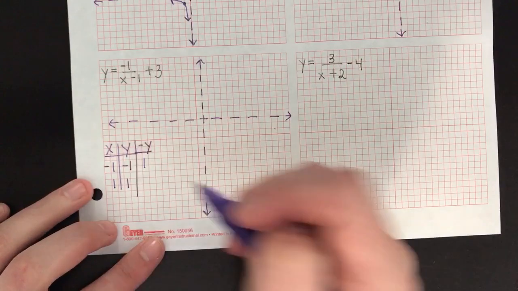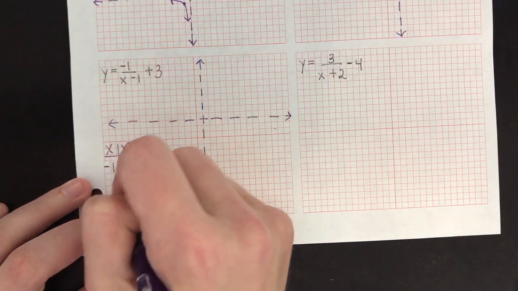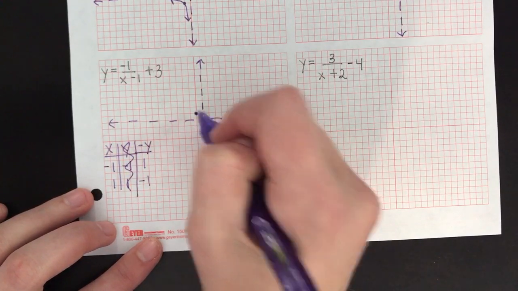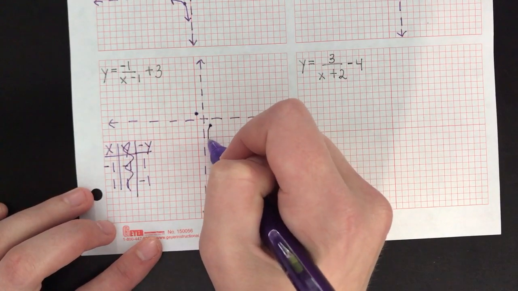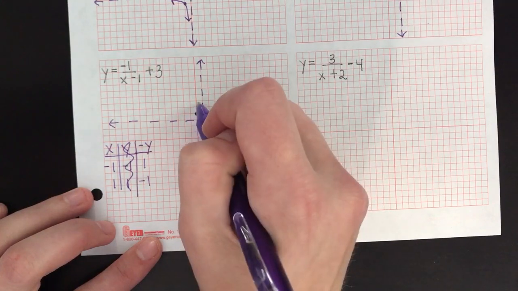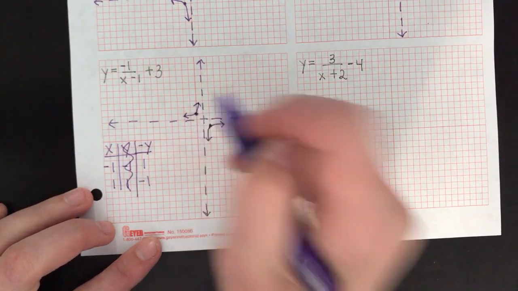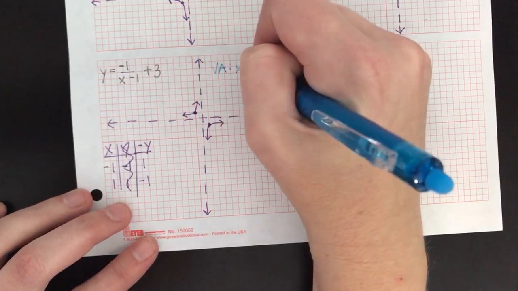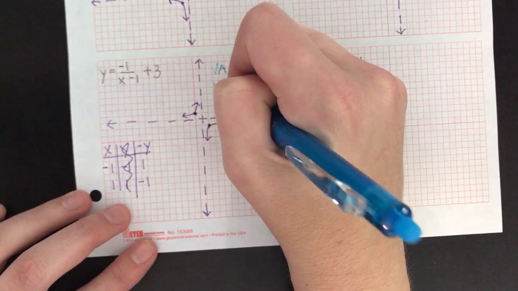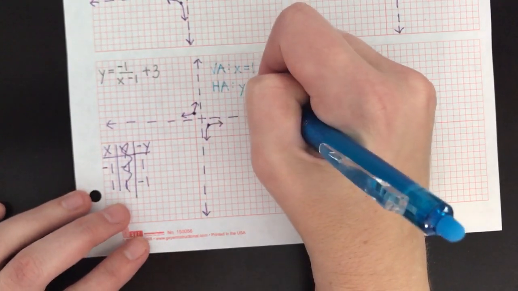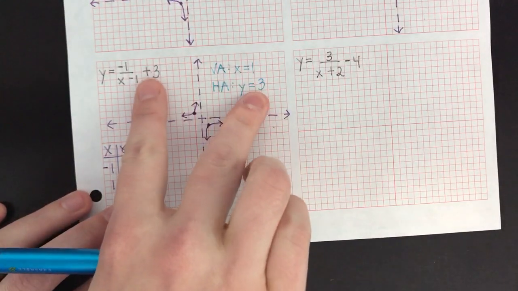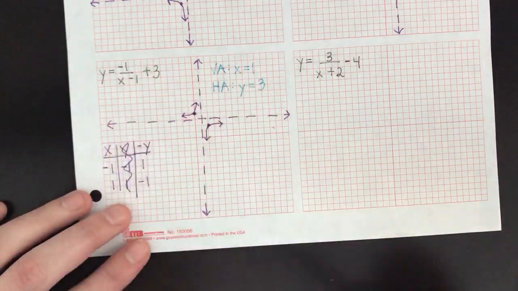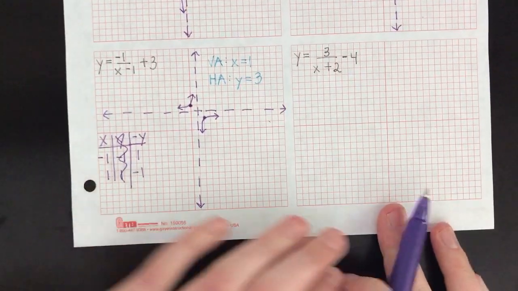So this will become +1, and this will become -1. So my new points will be from my new origin, (-1, 1) and (1, -1). Draw your curves. And then I have a vertical asymptote at x equals 1, and a horizontal asymptote at y equals 3. So notice the horizontal asymptote stays the same as this value, but my vertical asymptote is opposite of that value.